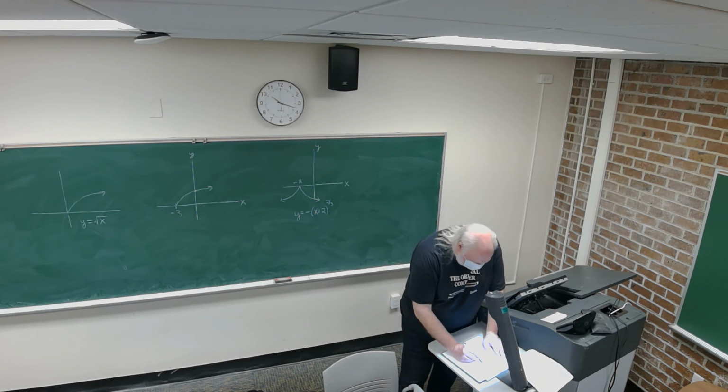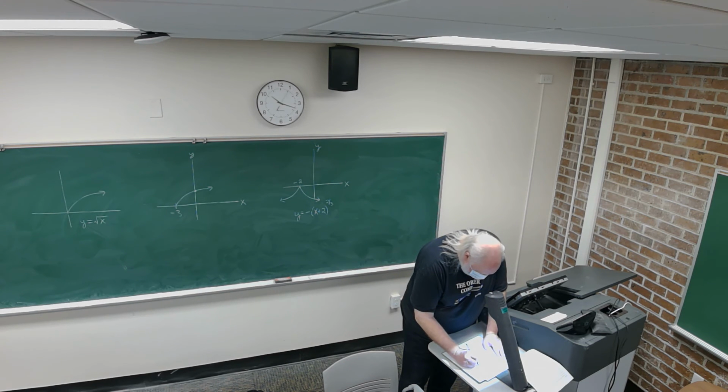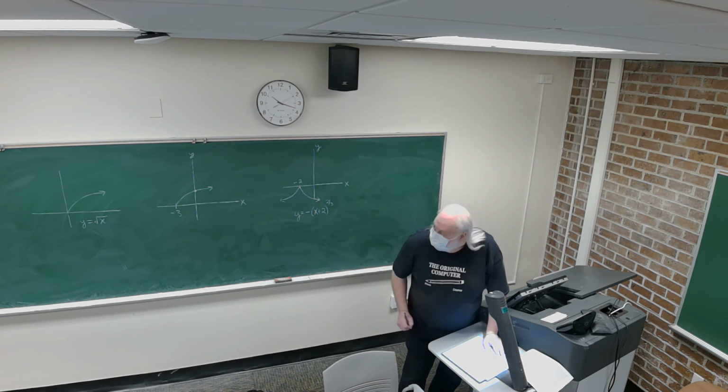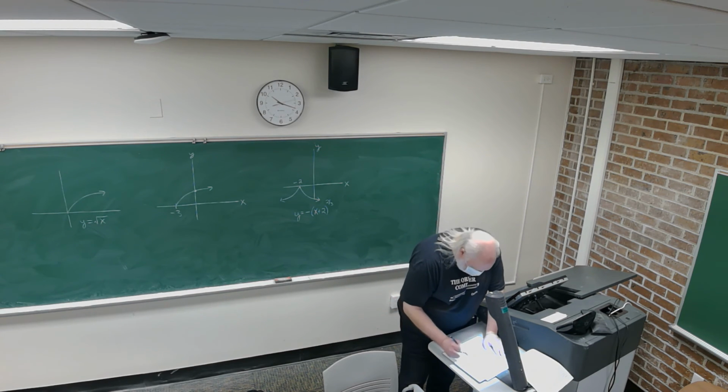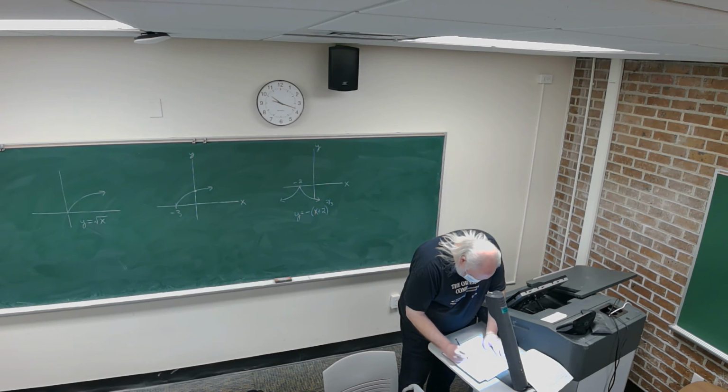So you can see that the basic function is y equals x to the 3/2. Okay. And the graph of that, y equals x to the 3/2, is also from page 1, I believe.